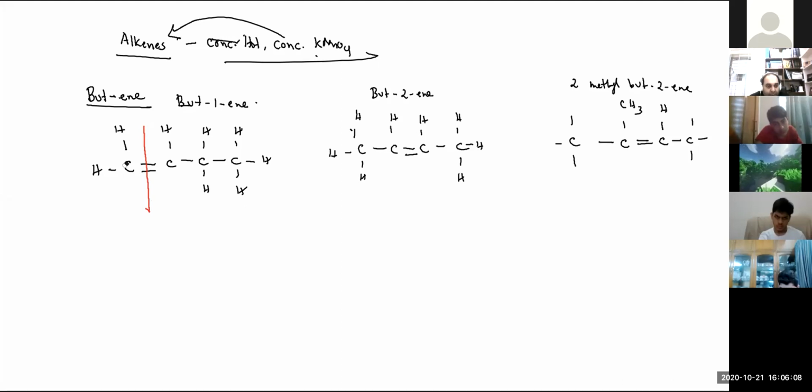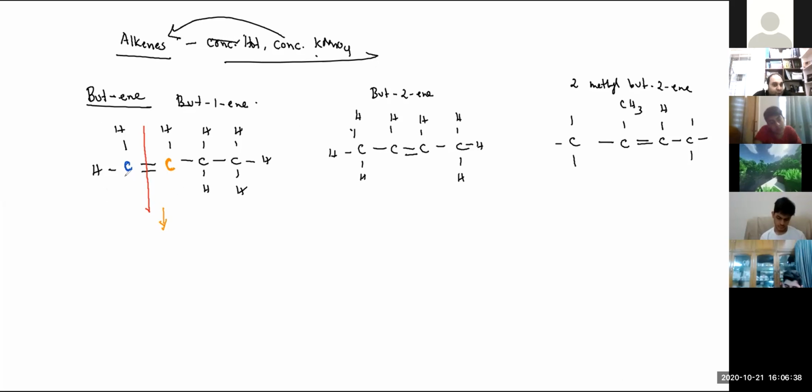So we will take this carbon as a blue carbon, and we will take this carbon as an orange carbon. I will teach the mechanism in the next class, for the time being just understand what is happening.